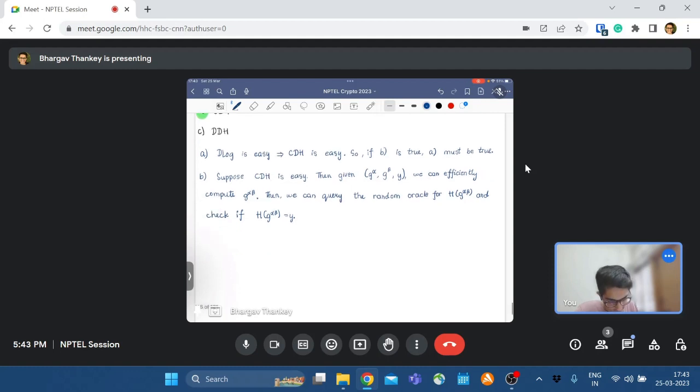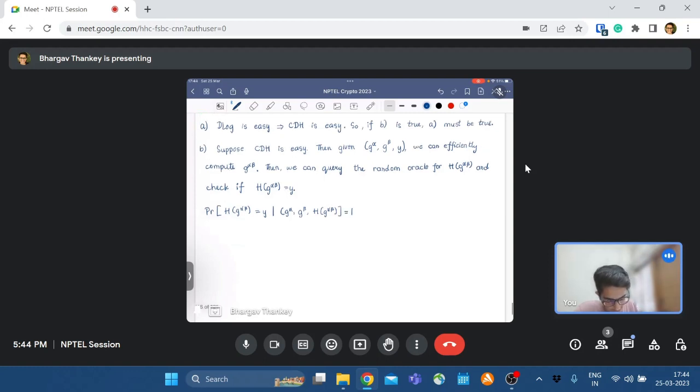And so the probability that H(g^(alpha beta)) is equal to Y, given that the tuple we are given is g^alpha, g^beta, H(g^(alpha beta)), this probability is always going to be 1, right? And what about this probability?